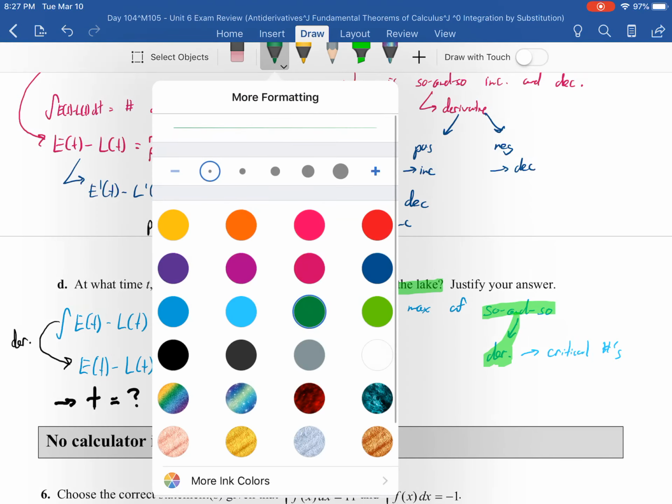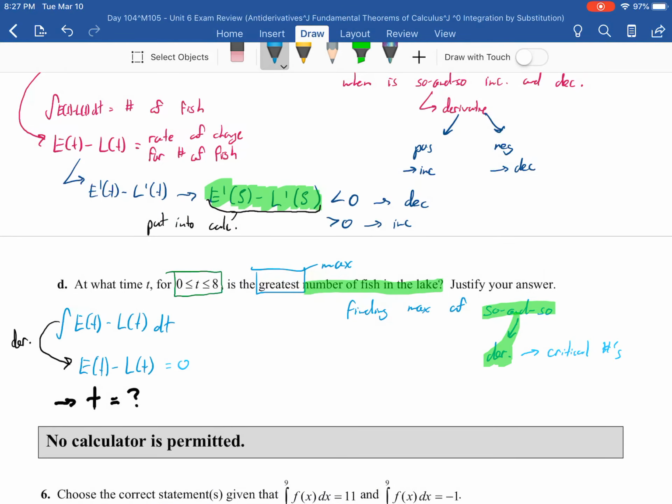Here we go. We would do the integral from 0 to whatever this question mark is of e of t minus L of t.